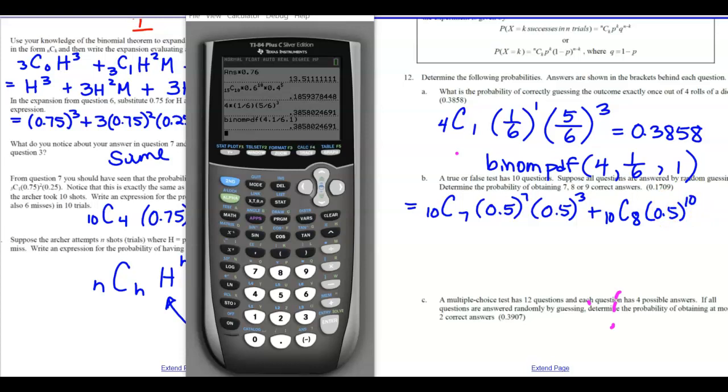So 7 plus 3 is 10, 8 plus 2 is 10, and then my last would be 0.5 to the 10 again. So really, in terms of entering that in your calculator, you can factor out 0.5 to the 10, open bracket, 10C7 plus 10C8 plus 10C9, get the answer. Maybe I'll show that.